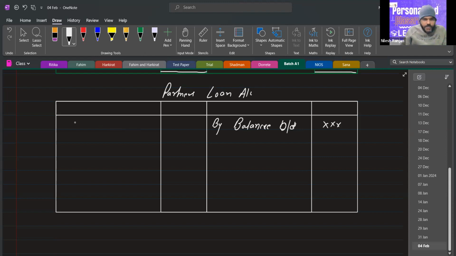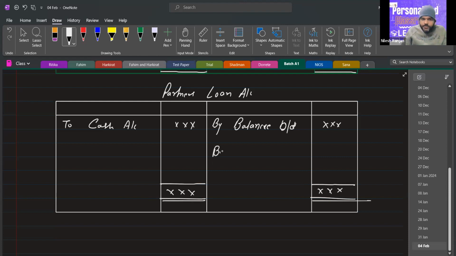After that, whatever the payment, we will write it here to cash account, and then we will calculate the excess or deficit, meaning any excess payment or less payment.